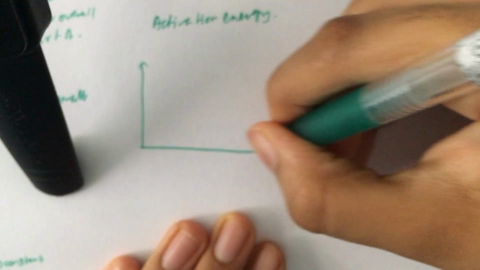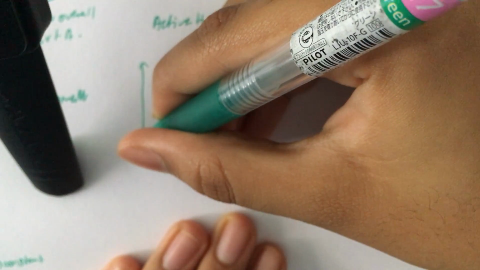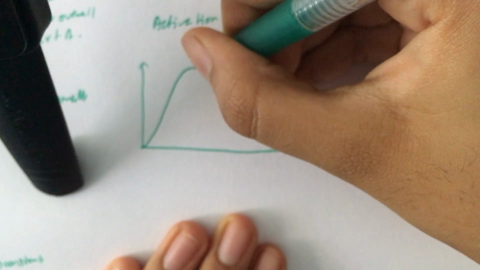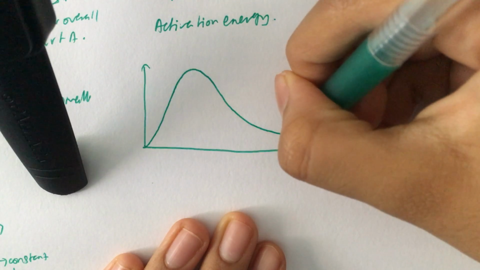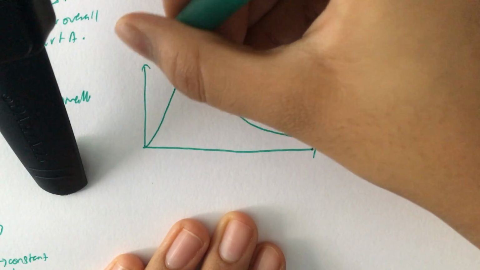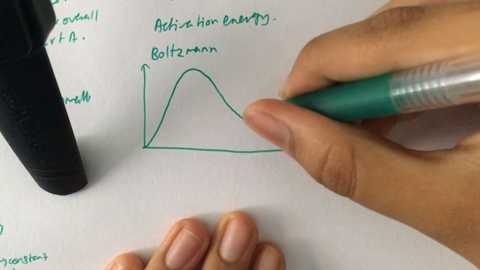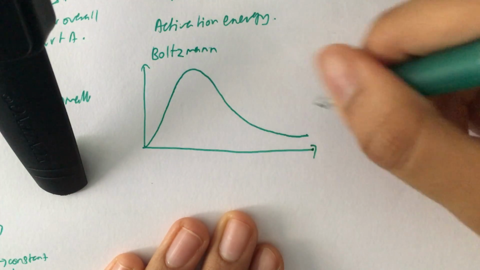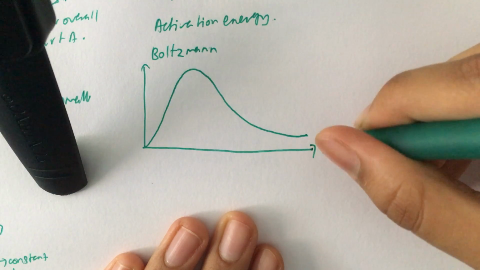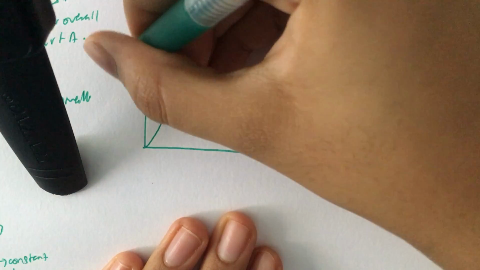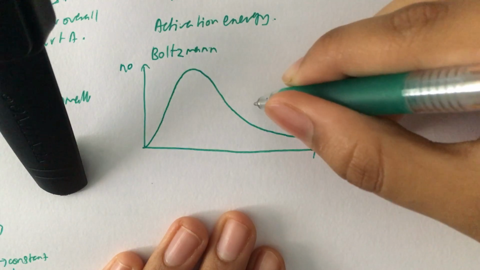The graph has a peak at a certain point, and then it decreases gradually, like exponentially, towards the end. Some particles have a much higher energy than the rest, and they are the ones that can undergo the reaction because they have more energy than the activation energy.